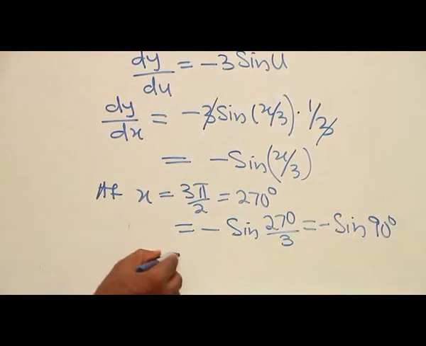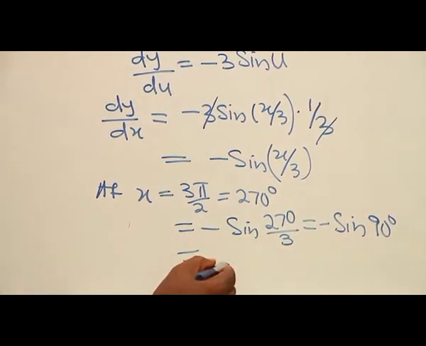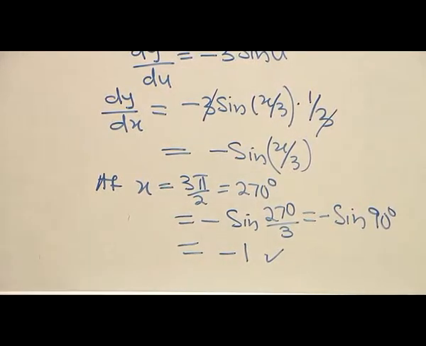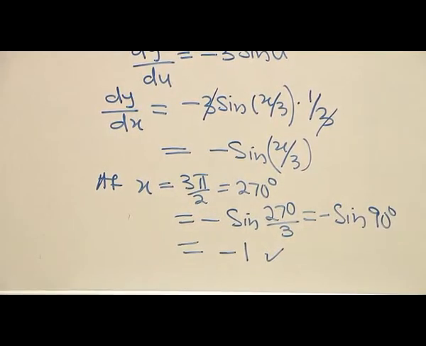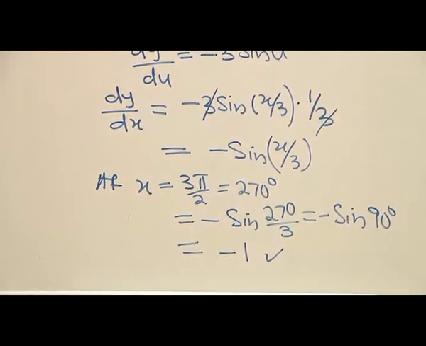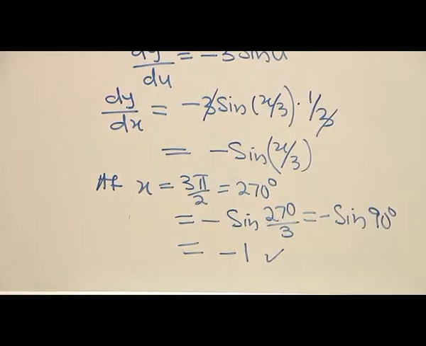And of course the value of sine 90 is 1, so we have minus 1 as the solution to the problem. The answer is: dy over dx at the point s equal to 270 degrees is equal to minus 1.